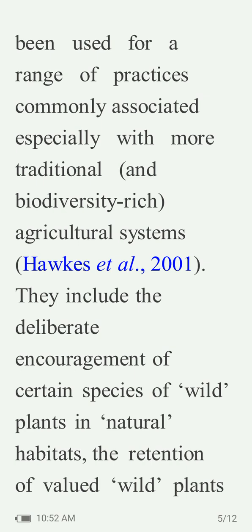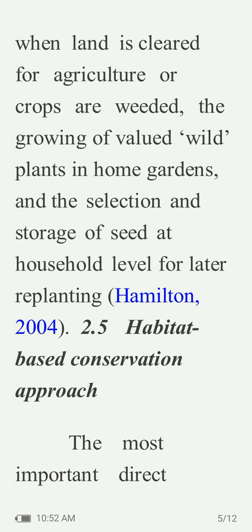They include the deliberate encouragement of certain species of wild plants in natural habitats and retention of valued wild plants when land is cleared for agriculture or crops are weeded, the growing of valued wild plants in home gardens, and the selection and storage of seed at household level for later replanting.